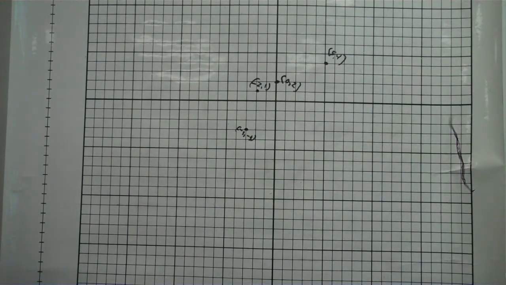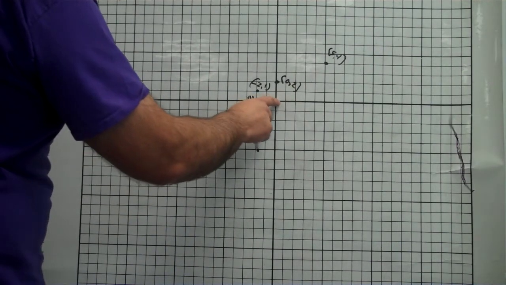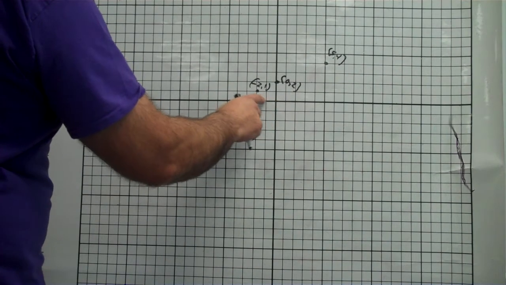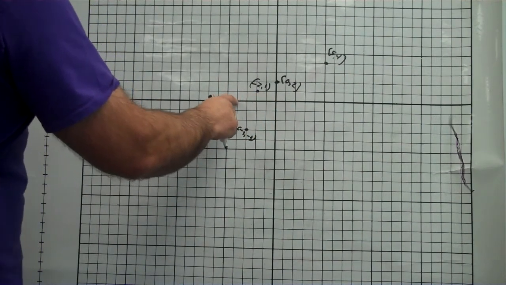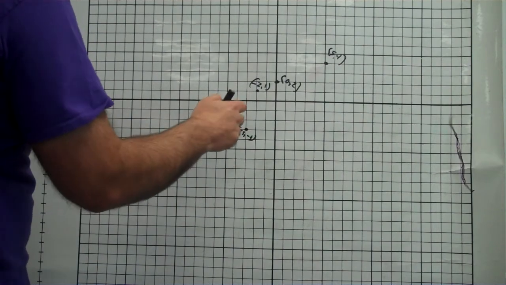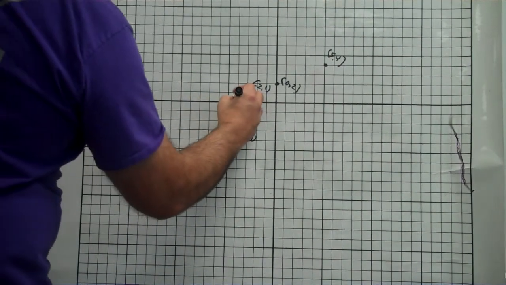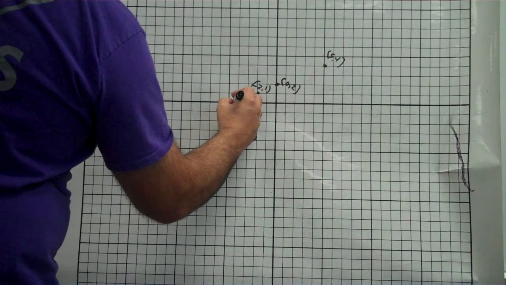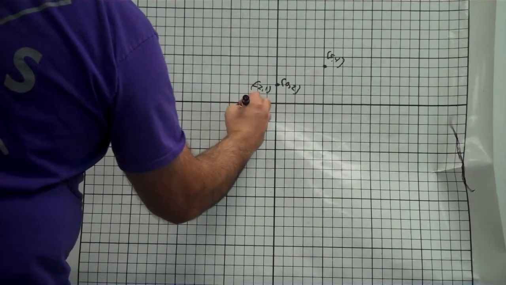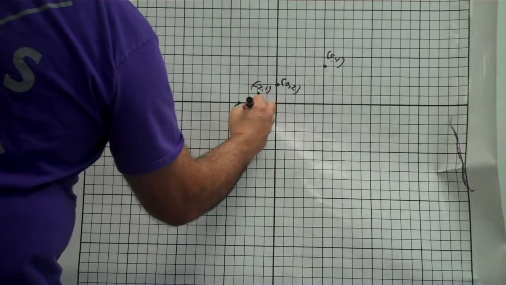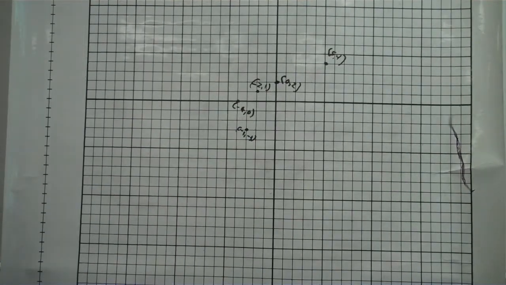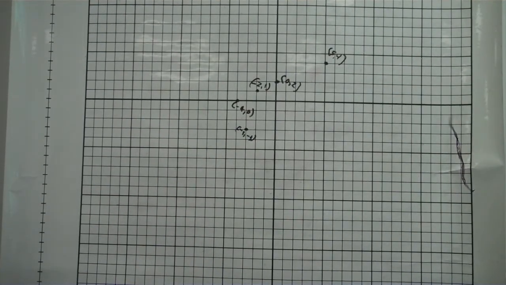And then if we wanted to plot negative 4, 0, in this case we'd go to the left 4, 1, 2, 3, 4 on the x, and then 0 spaces up or down on the y, and we put our point right there for negative 4, comma, 0. So that's how we would plot some points. Please make sure you get these down.